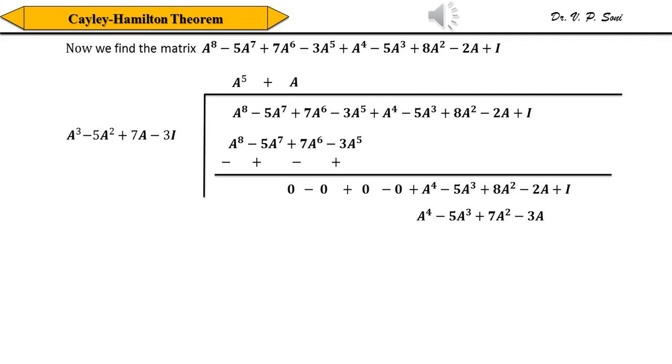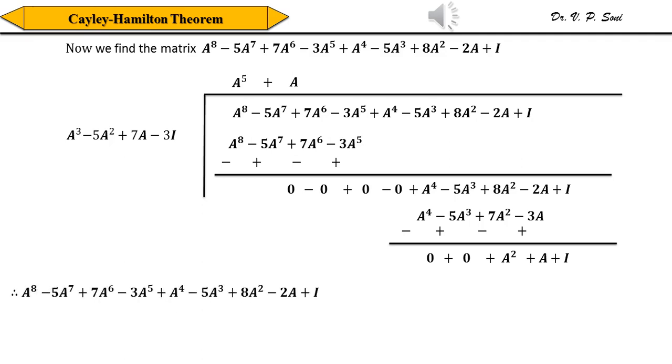Now subtract, then we get A square plus A plus I. Now the degree of the remainder polynomial is 2, which is less than the degree of the divisor polynomial. Thus by the division algorithm, dividend equals divisor into quotient plus remainder.